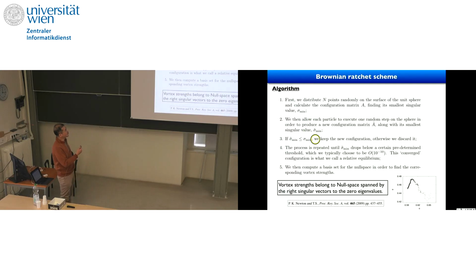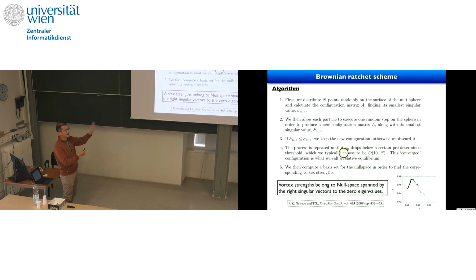And then we allow each particle to execute one random step on the sphere in order to produce a new configuration whose configuration matrix is given by A tilde. And then we compute the smallest singular value, sigma tilde min. When we compare these two smallest singular values, if the new one is less than the old one, we replace the configuration.